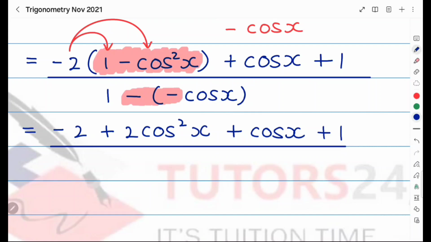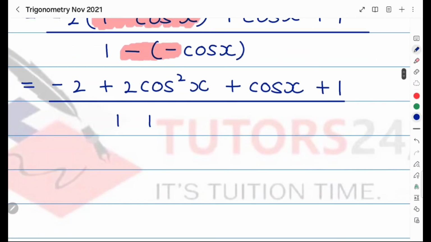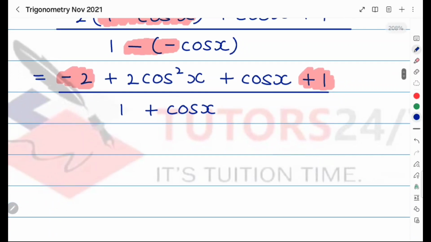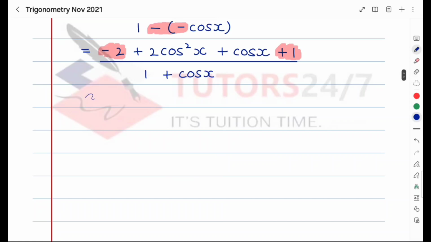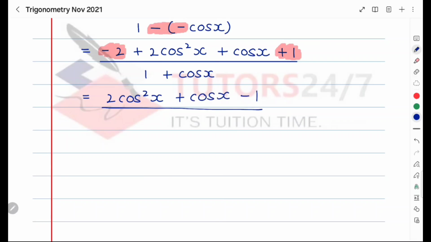Negative times negative is positive, so we have 1 plus cos x. Then we can add up the like terms, so negative 2 plus 1 gives us negative 1. So it is now 2 cos squared x plus cos x minus 1 all over 1 plus cos x.